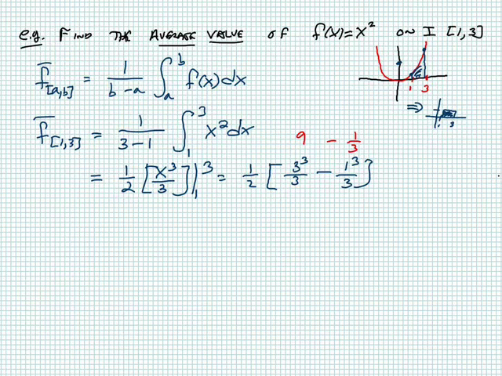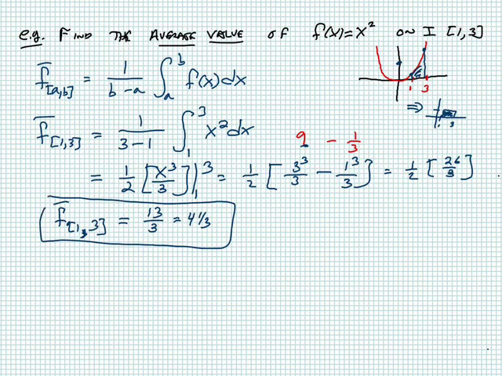So this becomes numerically 1/2 times 26 thirds, and 2 goes into 26 13 times. So my average value, my average y value from 1 to 3 of this function, is going to be equal to 13 thirds, which is equal to 4 1/3.